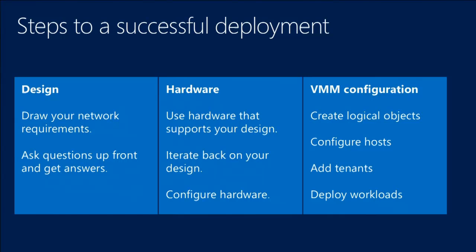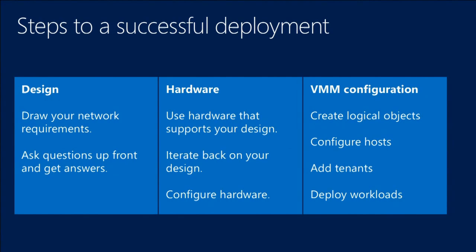Once you know generally what your network's going to look like, as far as who needs to talk to who, then you start to look at what hardware you have available to do that. What hardware do you need to get? What are the optimizations you have available that you can use to make sure everything performs optimally? Sometimes that'll impose some limitations. We'll talk about that as we go through this.